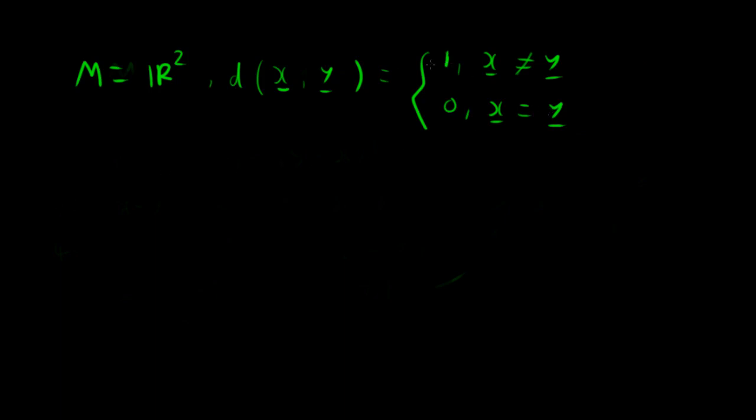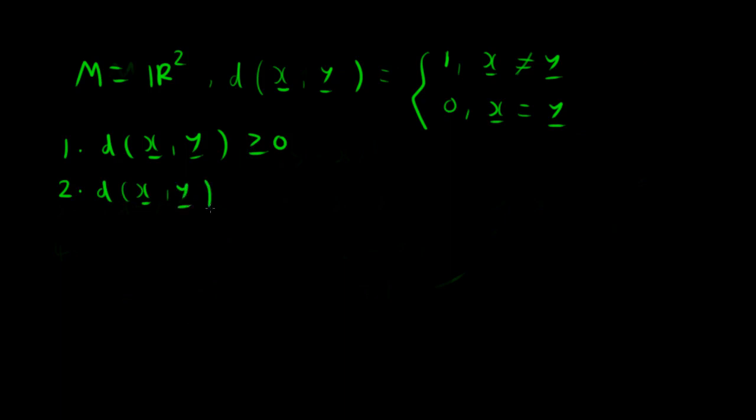Can we show that this is in fact a metric space? Well, we can. Condition number 1, certainly the distance from x to y is greater than or equal to 0 by definition. We've defined it that way. Condition number 2, symmetric. Well, symmetry is obvious.